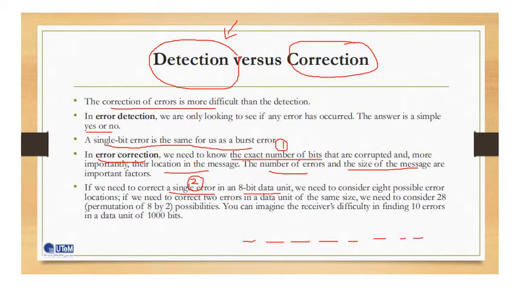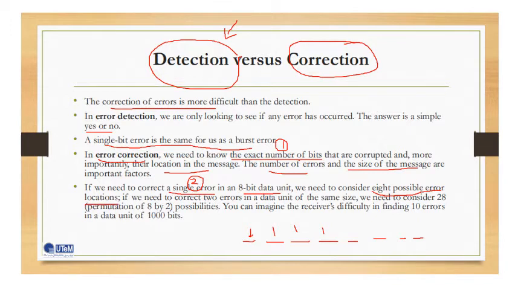One bit has been corrupted, so either here, or here, or here, or here. So what are the possible locations? There are 8 possible error locations. And this is for one bit, or a single error.